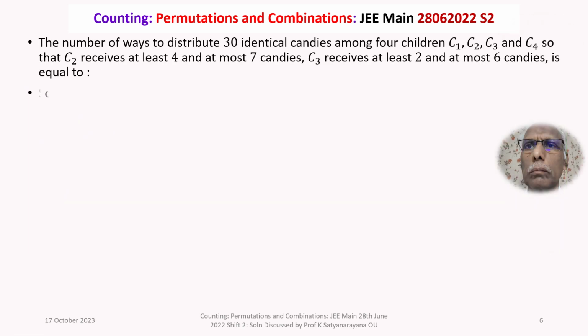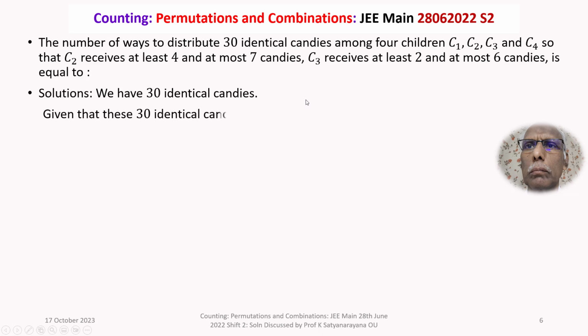We now discuss the solution of the problem in detail. We have 30 identical candies. These 30 identical candies are to be distributed among 4 children C1, C2, C3 and C4. The constraints are also given.